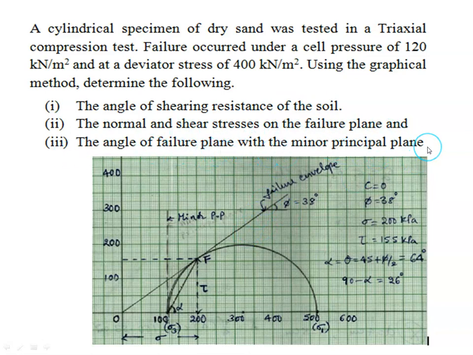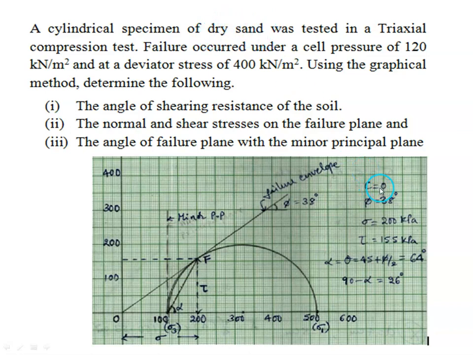So here one set of readings is given, but it is mentioned that the soil is dry sand. Because it is dry sand, C equal to 0. You should assume that C equal to 0.